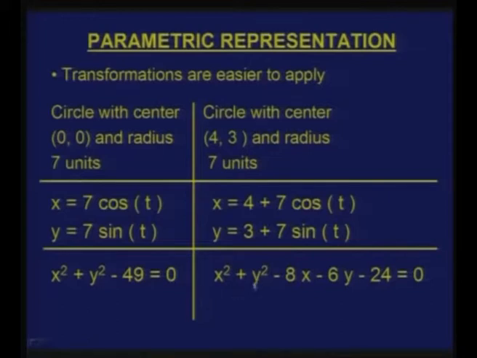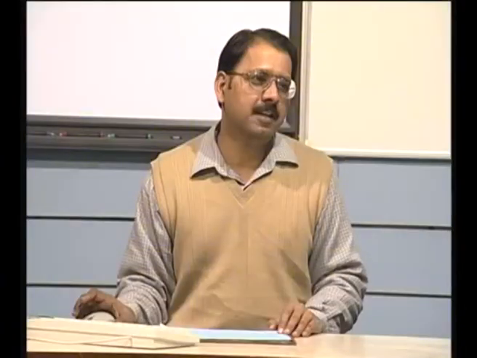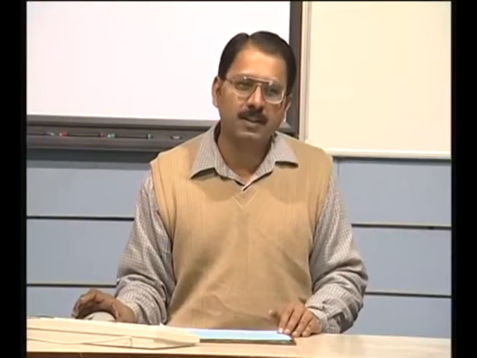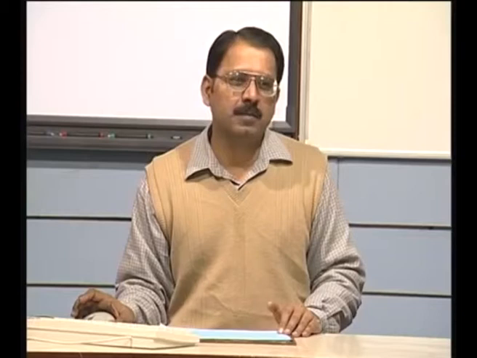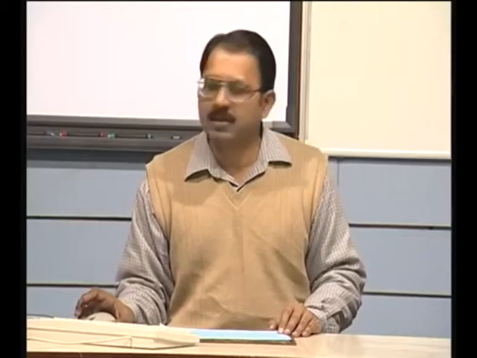The same circle with a radius of 7 units, with the different center, has a different equation now. If I look at these two equations, it is very difficult to make out that it is the same entity, because the transformation variables have mixed up with the actual representation of shape and size. So, it is very difficult to separate them.